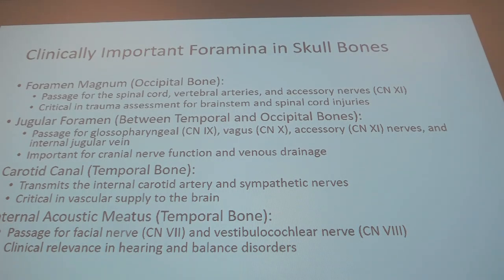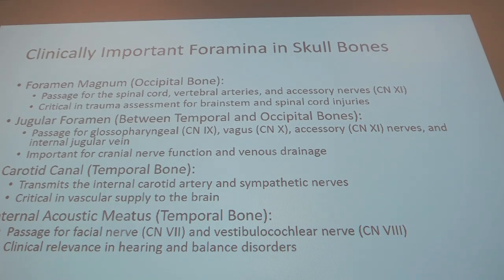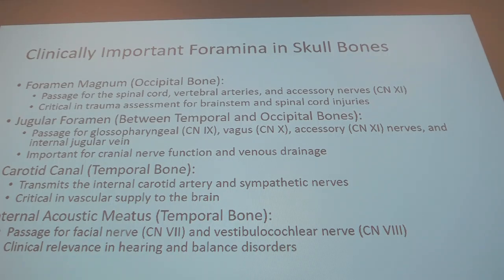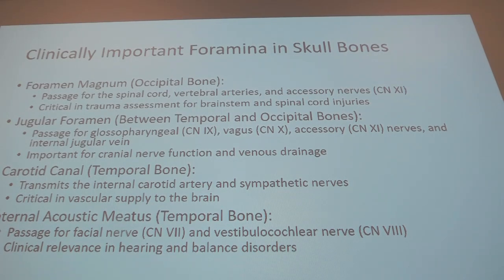Vagus nerve is cranial nerve number 10, the longest cranial nerve that we have. And then we have accessory or cranial nerve number 11, that not only innervates the trapezius muscle, but also the sternocleidomastoid, a couple of muscles that we have here laterally in the neck. So this one is important for cranial nerve function and venous drainage.